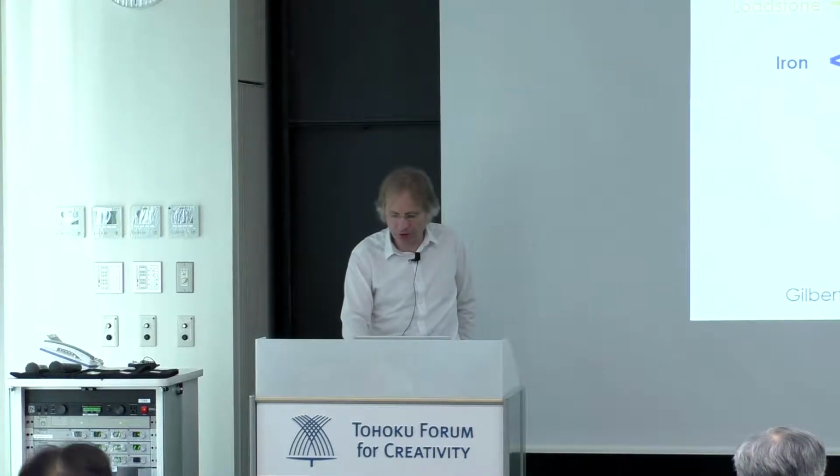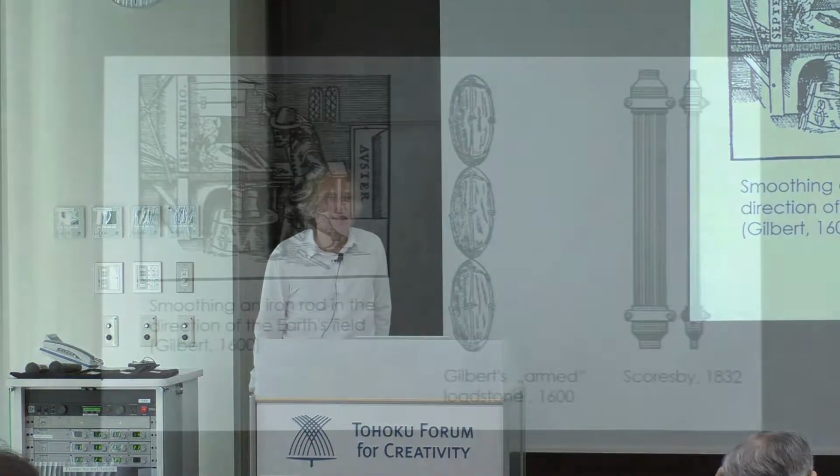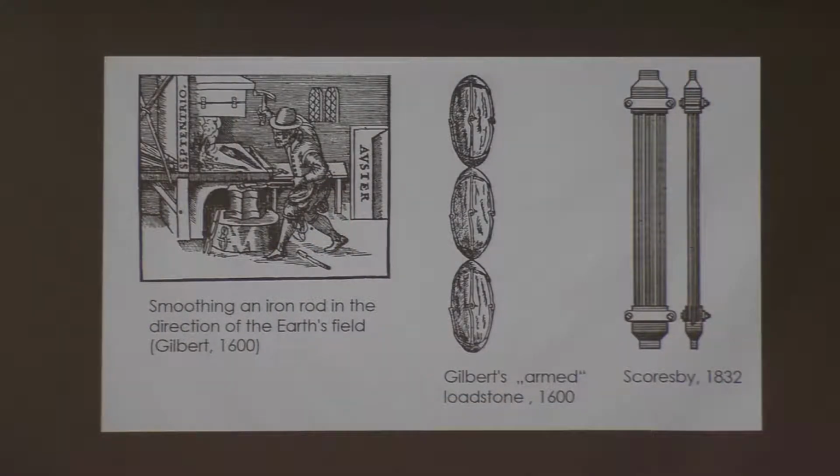Now let's go back in history. So we are talking about composite magnets, and searching the history, this was the first example of a composite magnet I found. So around 1600, magnets were produced, like you see in the middle, this so-called Gilbert's armed magnet, and it's really a composite magnet. So we have two magnetic phases.